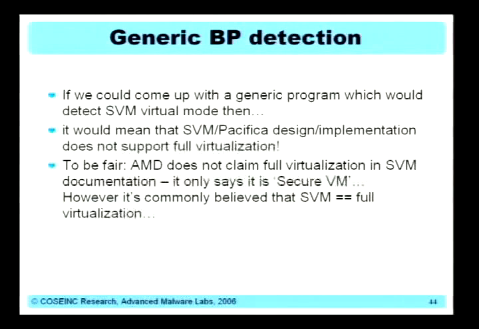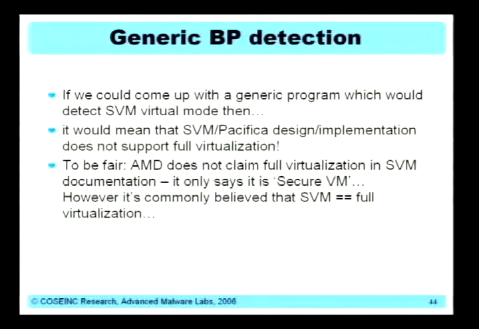It might be possible. Pacifica might be buggy. I say buggy in apostrophes just because AMD documentation doesn't really say that they offer 100% virtualization. They only talk about secure virtual machine.